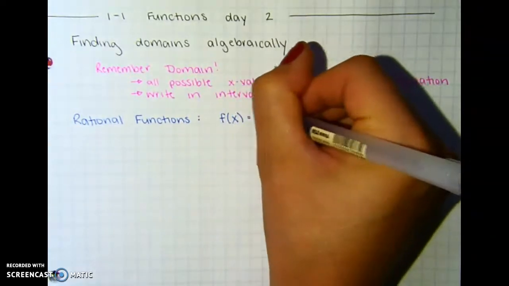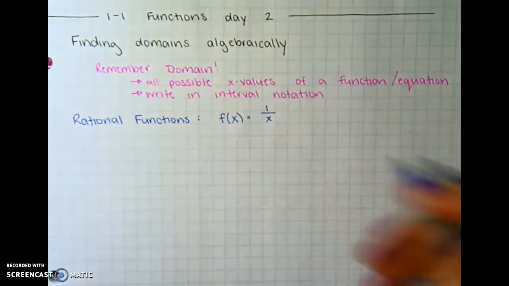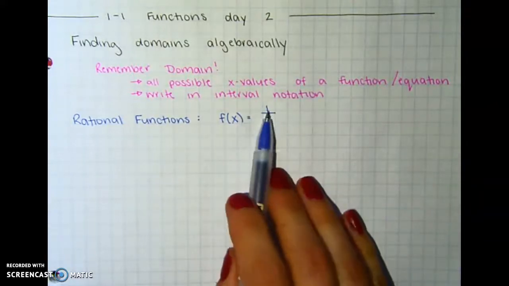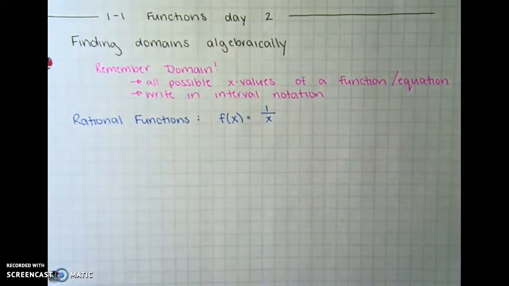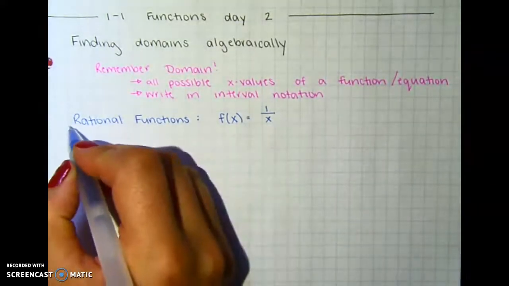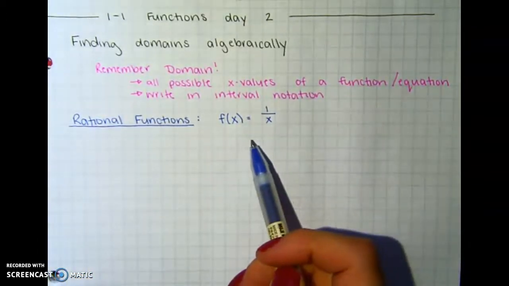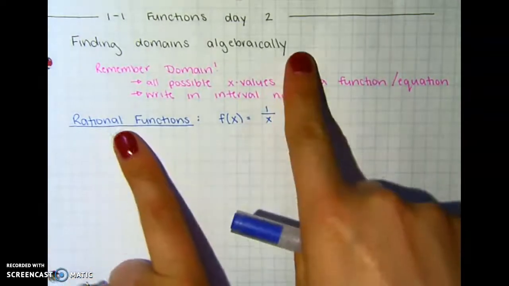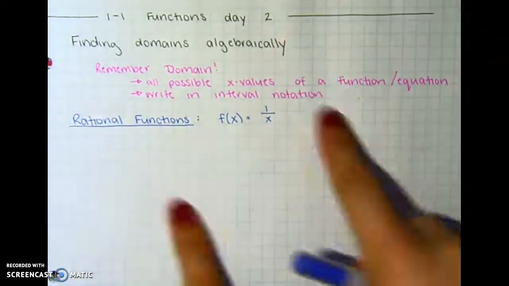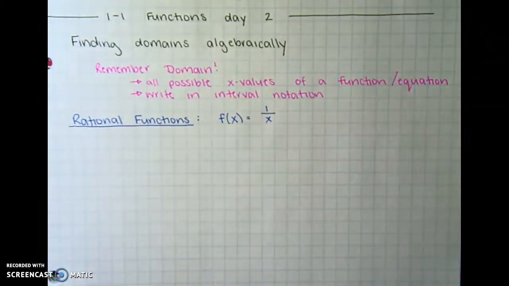This is the parent, 1 over x. So it's when you have a fraction with x in the denominator. Because this has a restricted domain, if you remember, this is when the graph goes in opposite directions and has asymptotes. So we have to figure out, okay, how do we do this algebraically?